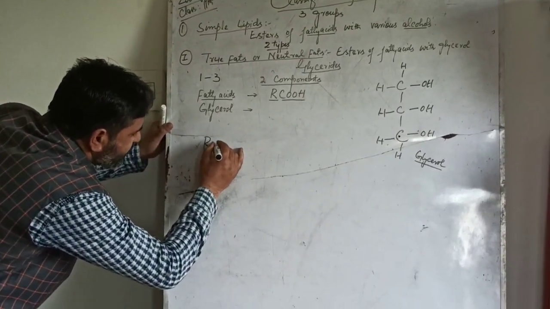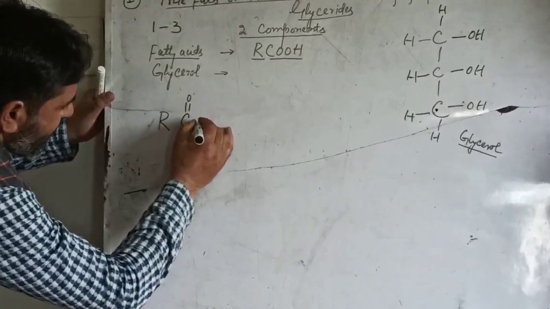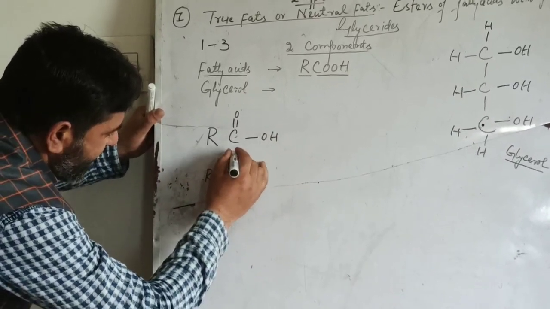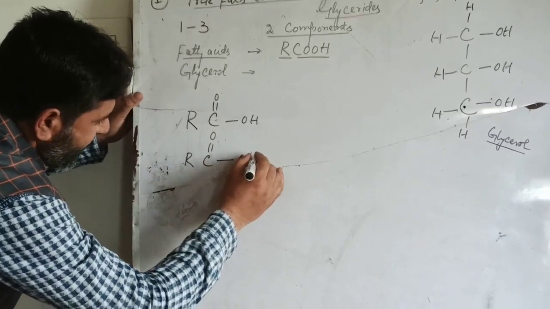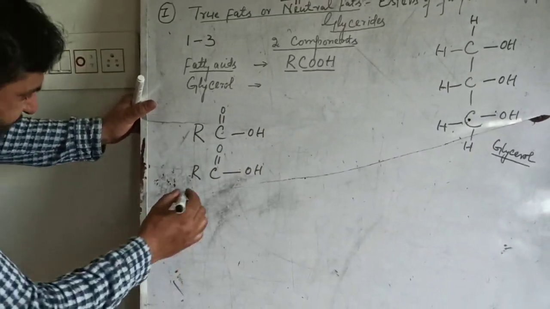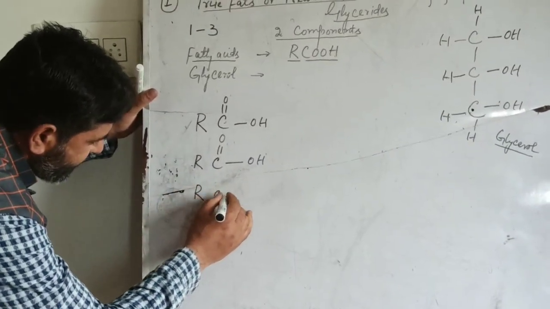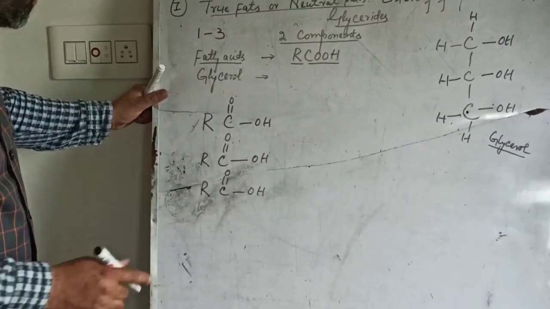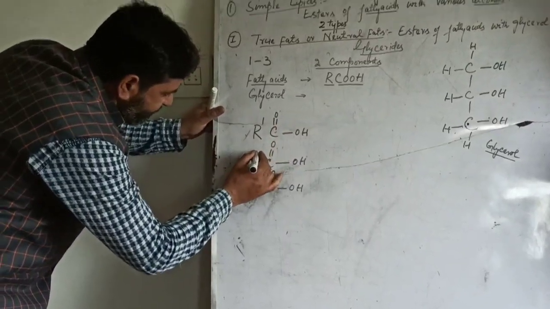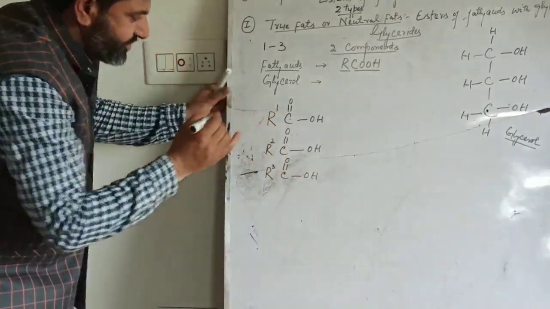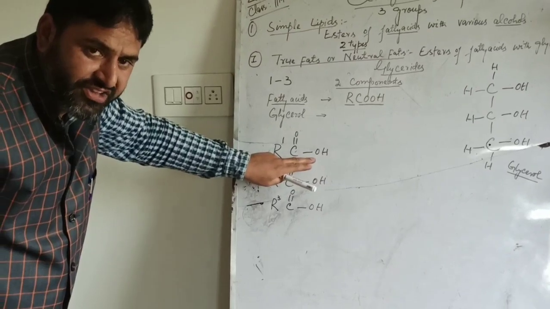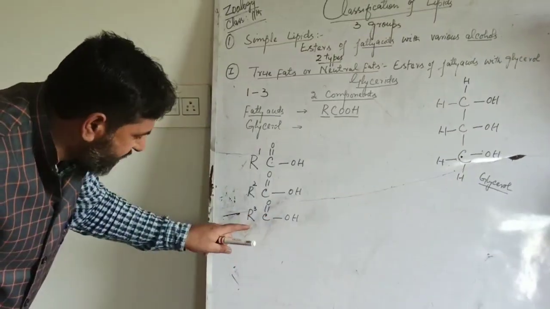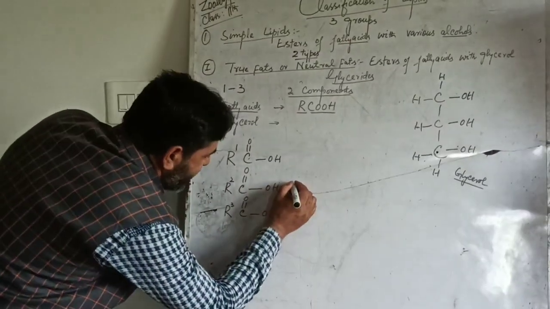This is R, COOH, one fatty acid. Usually there are 3 fatty acids in animal fats, which are triglycerides. This is the second fatty acid, RCOOH, and this is the third fatty acid. Fatty acid number 1, number 2, number 3, each with the general formula RCOOH.